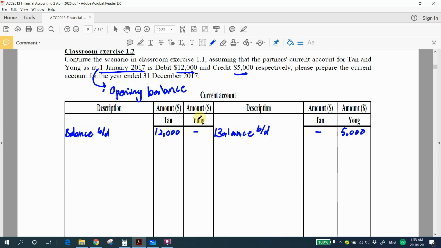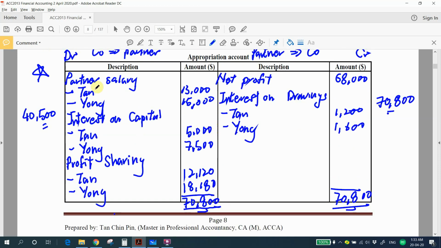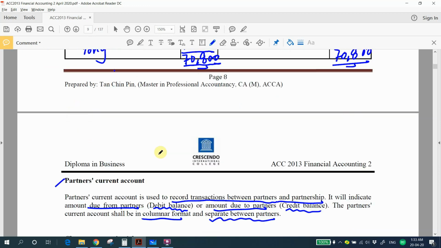Next, we transfer the information from the appropriation account. We start from the debit side. We record the partner salary, interest on capital, and profit sharing.